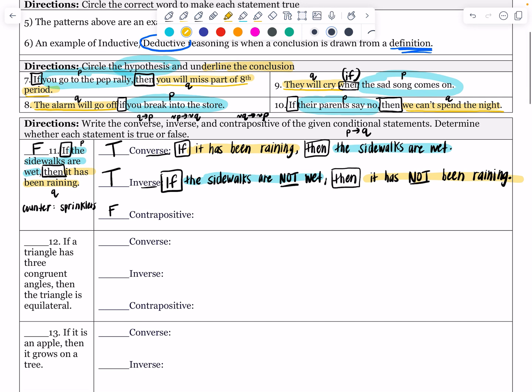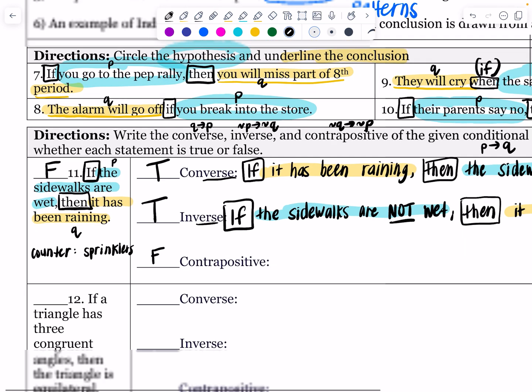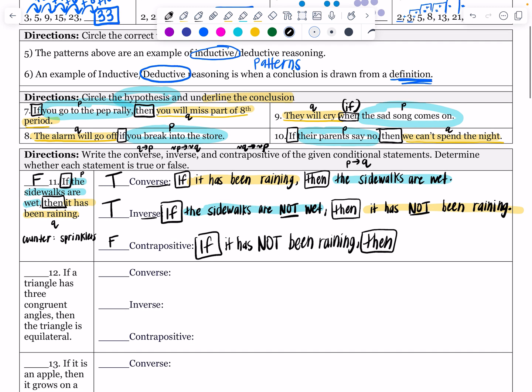Now let's go contrapositive. It's where you not only have to switch them, you also have to flip them. So we're going to switch and flip our original statement. We have if blue, then yellow. We're going to go if not yellow, then not blue. So if not yellow would be if it has not been raining, then the sidewalks are not wet.